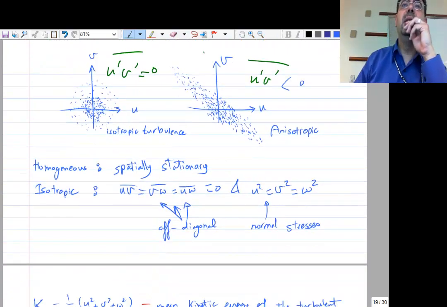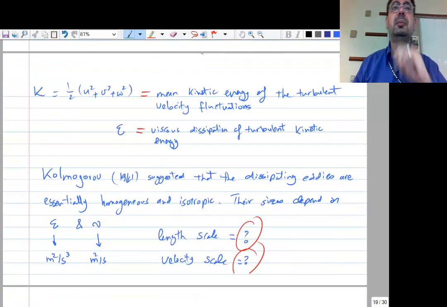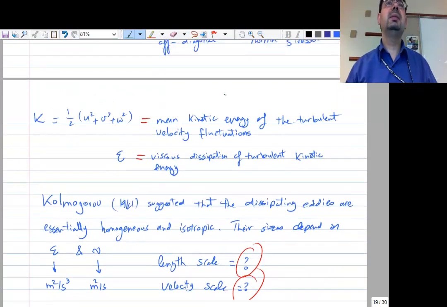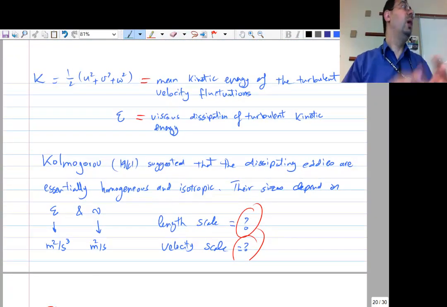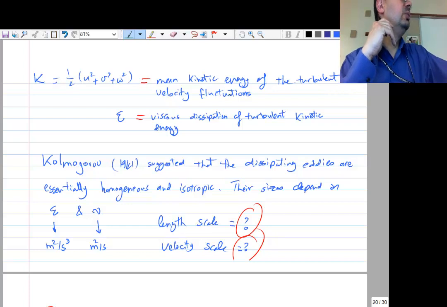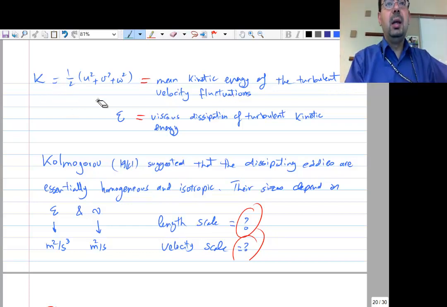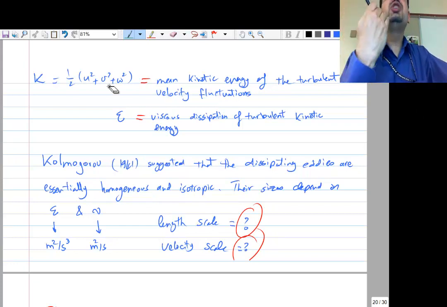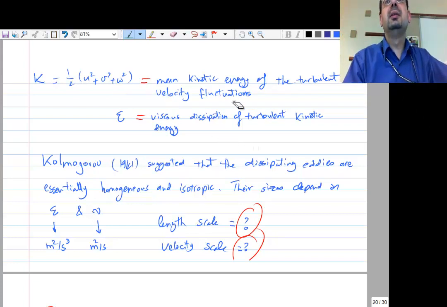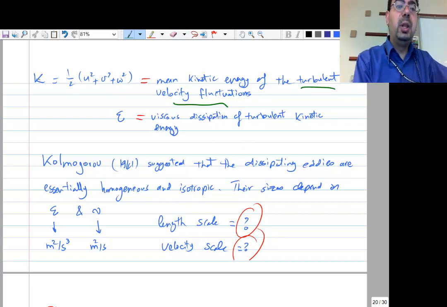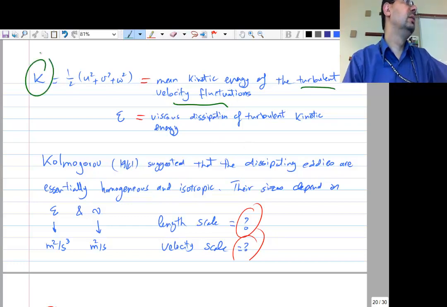So they do it by saying that those terms represent how much energy is lost or how much energy is within that turbulent flow. So let's pull them into something called K. K is the mean kinetic energy of those turbulent velocity fluctuations, so it's U squared plus V squared plus W squared.